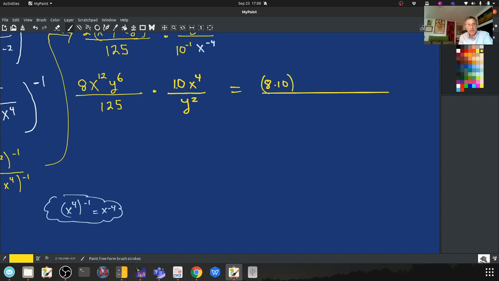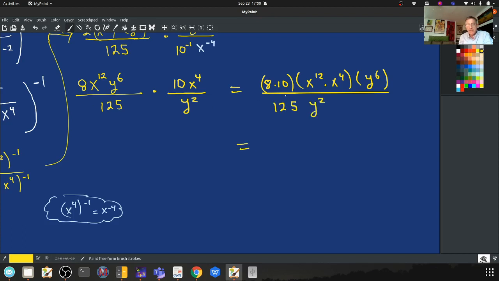Then let's collect the x terms. X to the 12th times x to the 4th. Then there's only one y term, that's y to the 6th. You can go ahead and put it in parentheses if you want. And then 125 y squared.